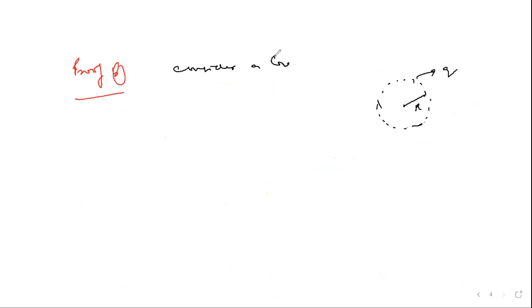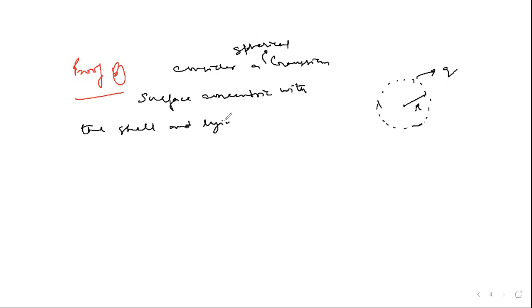Now proof for second, B. It is simple. Again, consider this spherical shell of charge with radius R, where it has total charge Q. Now consider a spherical Gaussian surface concentric with the shell and lying inside it, right?